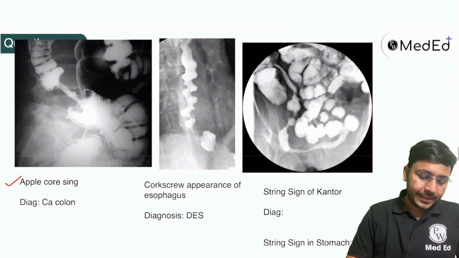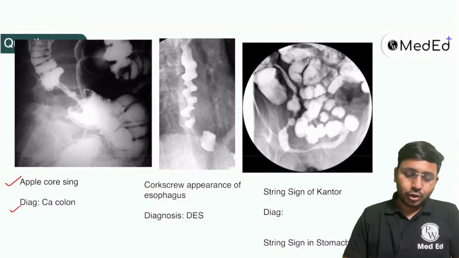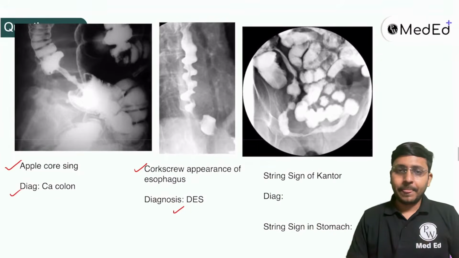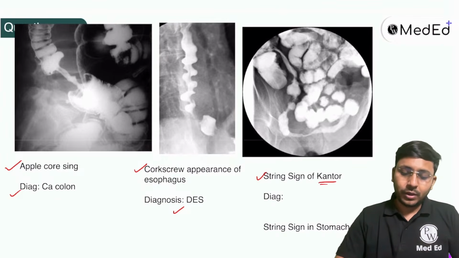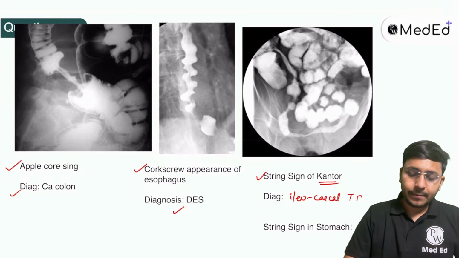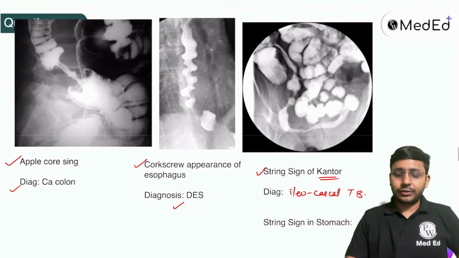Now, how does apple core sign look like? This is apple core sign, you see it in CA colon. This is corkscrew appearance of esophagus, seen in diffuse esophageal spasm. And this is the string sign of Kantor. Where do you see it? In ileocecal TB. Now, string sign in stomach.